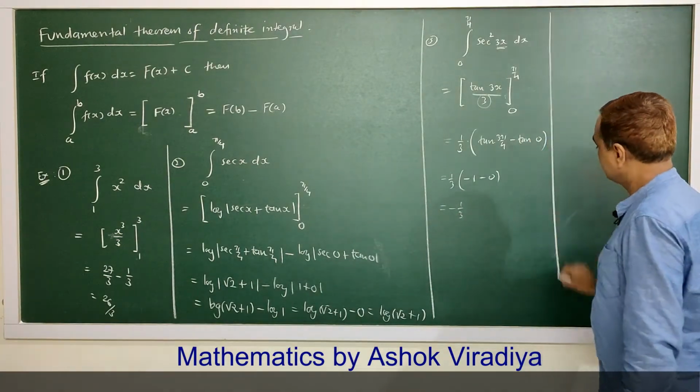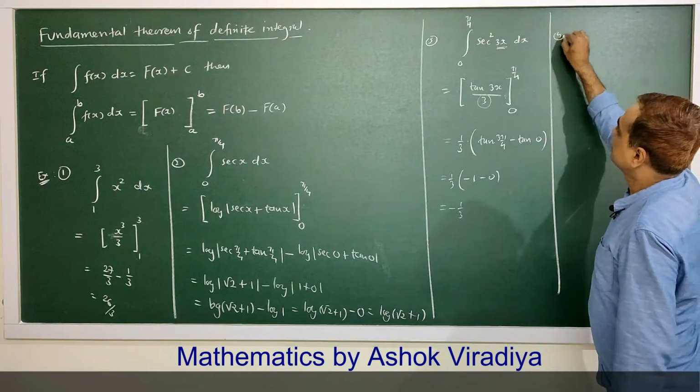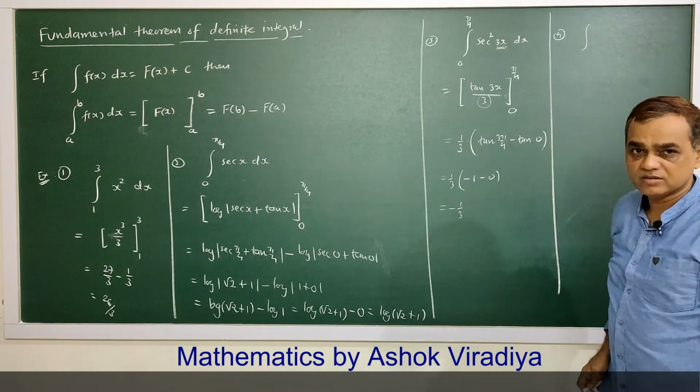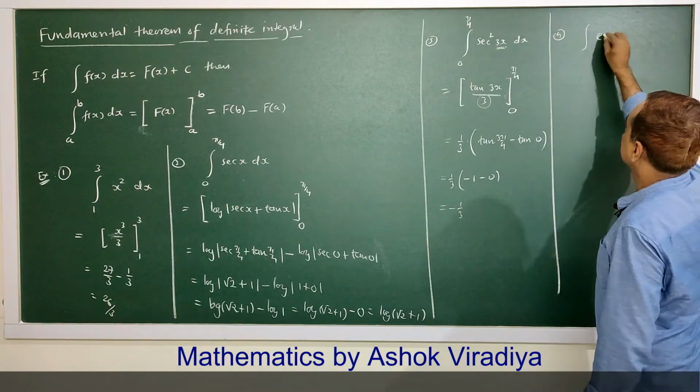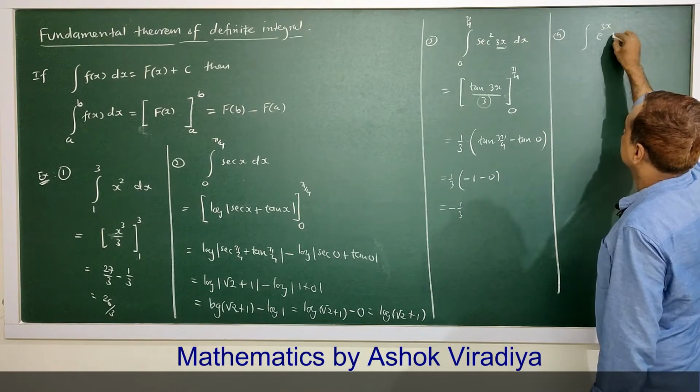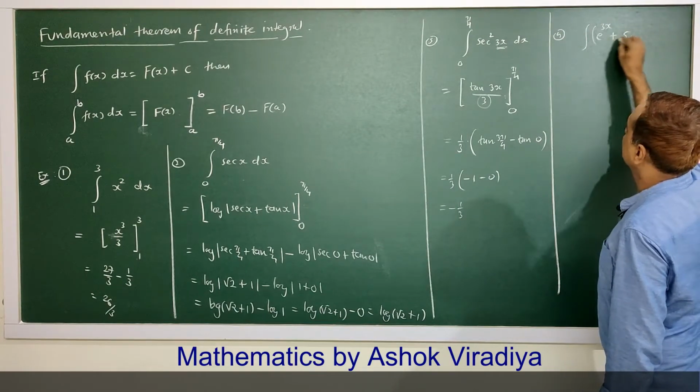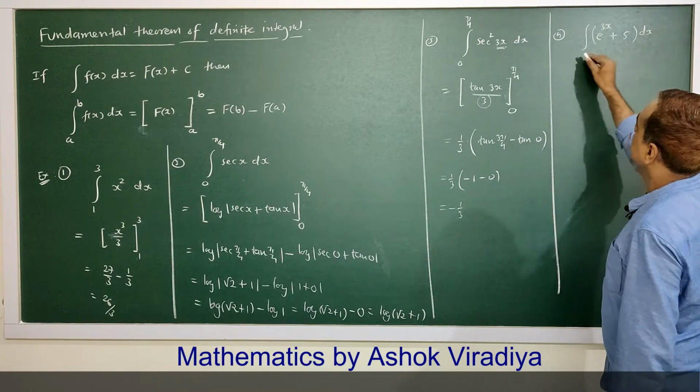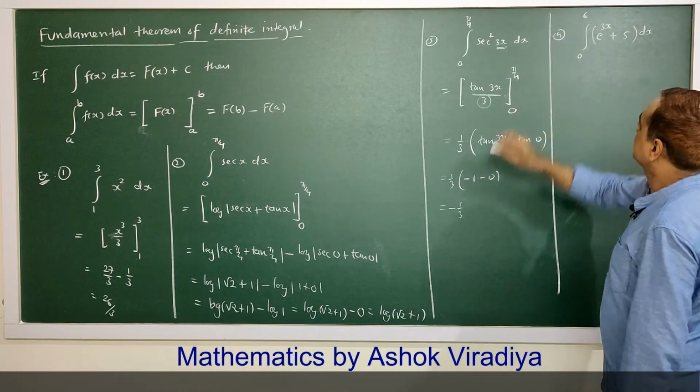Suppose we want the integral of e raised to 3x plus 5 on the interval 0 to 6.